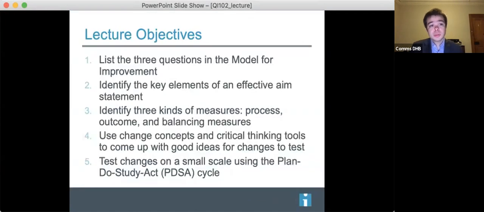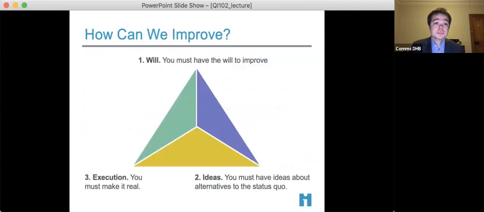So we're going to look at the model for improvement. We're going to find out how to set your aim, your measures, your change concepts, and then test those changes. So it starts off in this context. If anything needs to change and improve, first of all, you have to have a reason to do it.